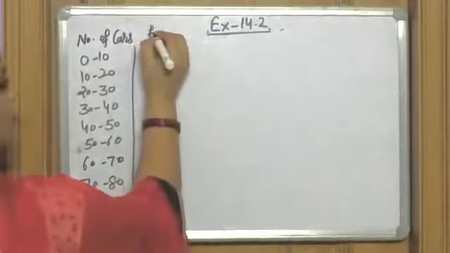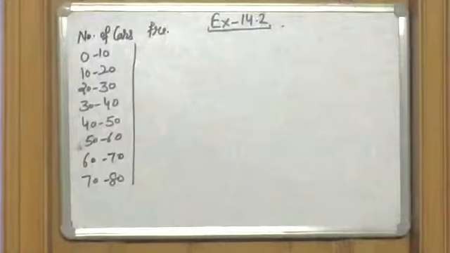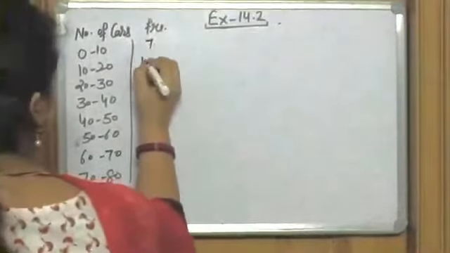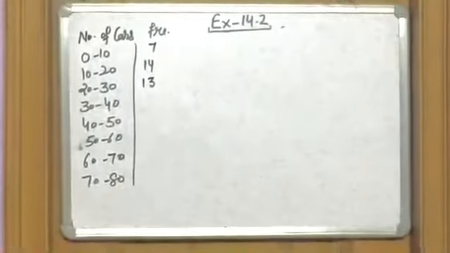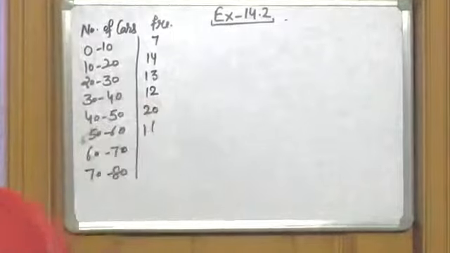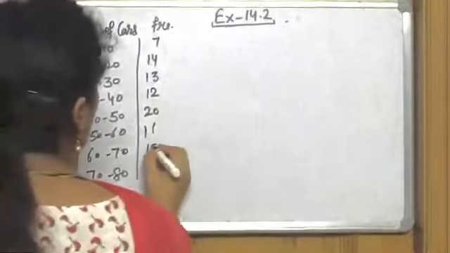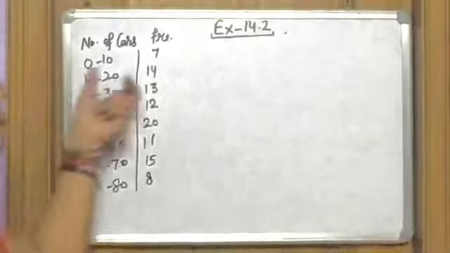The next column is given for frequency. So the frequency is 7, 14, 13. Next is 12, 20, 11. Next is 15 and 8. This is the given number of cars and this is the frequency.